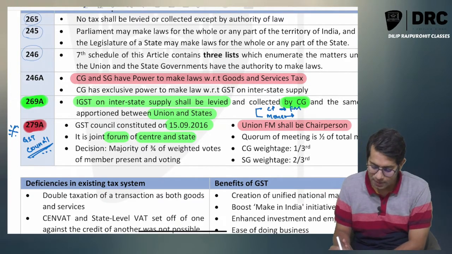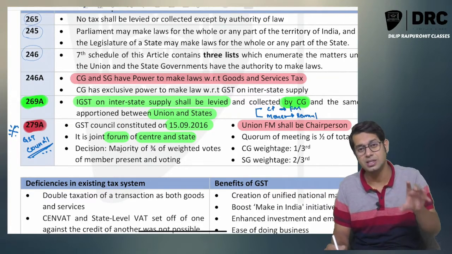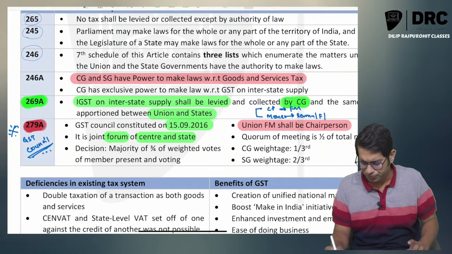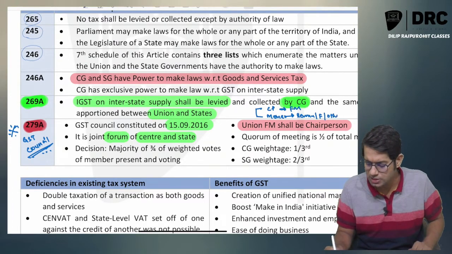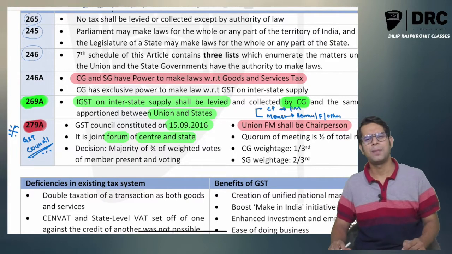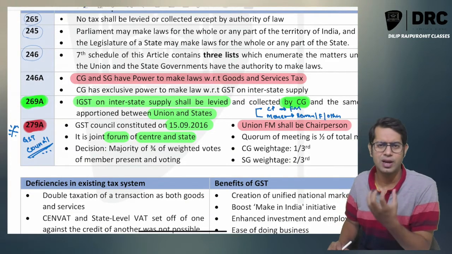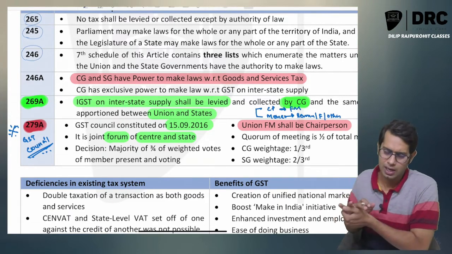And who are these other members? These other members are the ministers in charge of revenue, or the ministers in charge of finance from the central as well as the state governments, and other people whom the state government may recommend. For example, the Karnataka government may say, from our Karnataka, Dilip will be representing us in the GST Council.